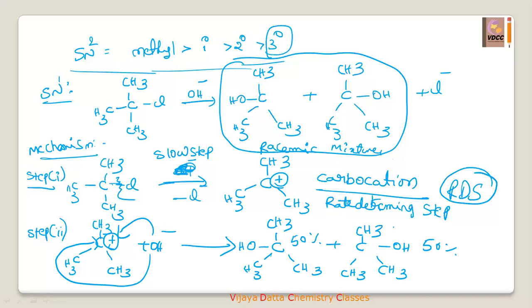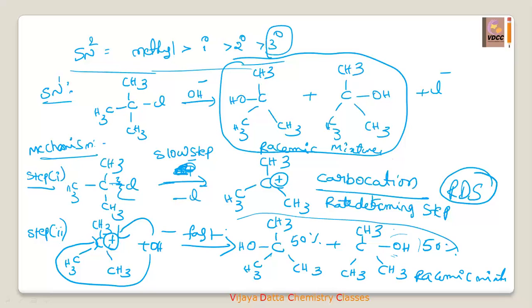This is called retention, where there is no change in the configuration, and the other is called inversion. Retention and inversion in 50-50% chances is called racemization, and that mixture is called a racemic mixture. This is step 2, and this step is the very fast step.